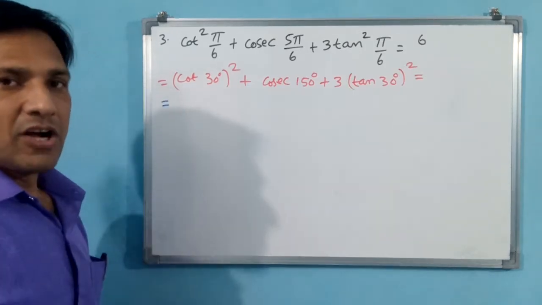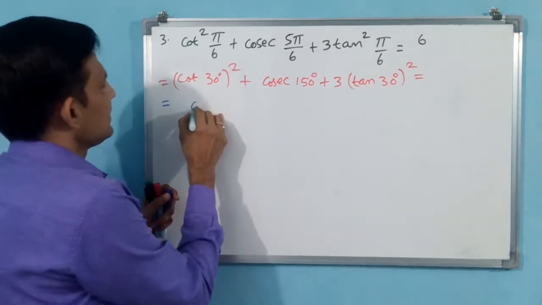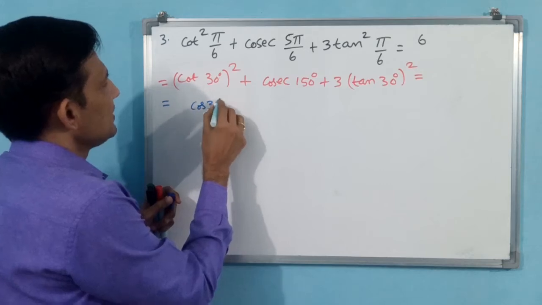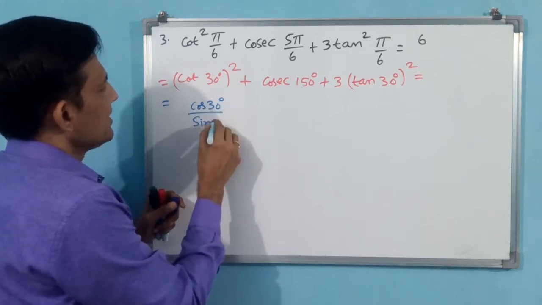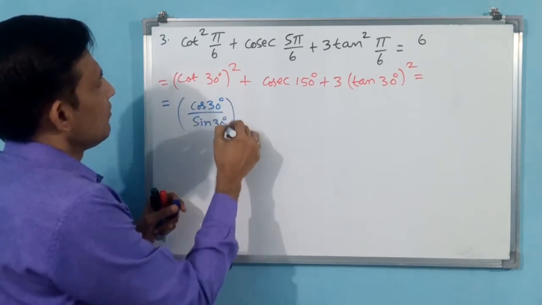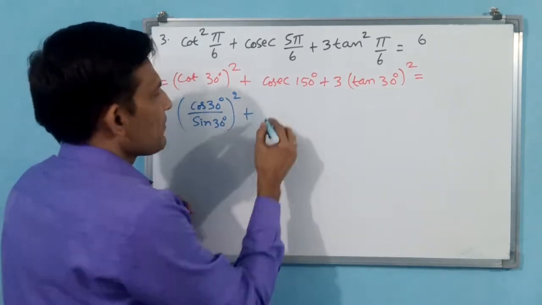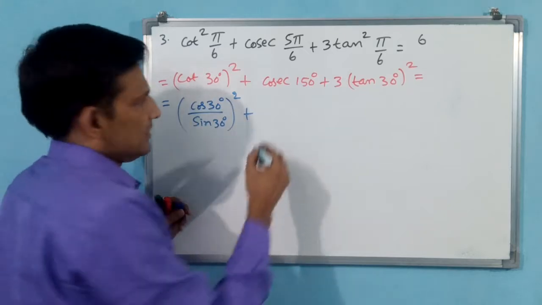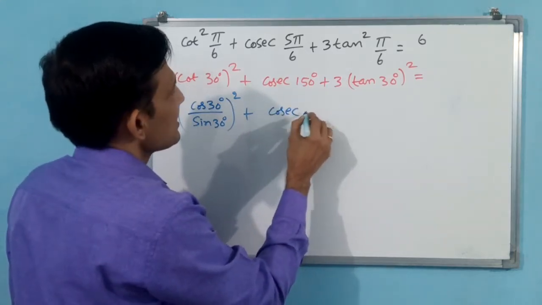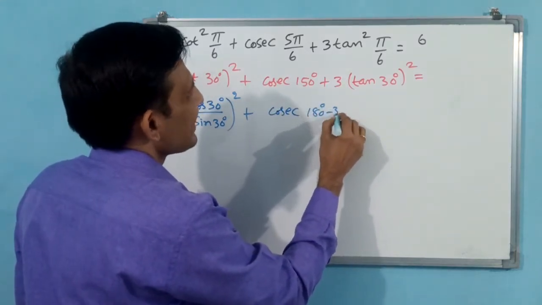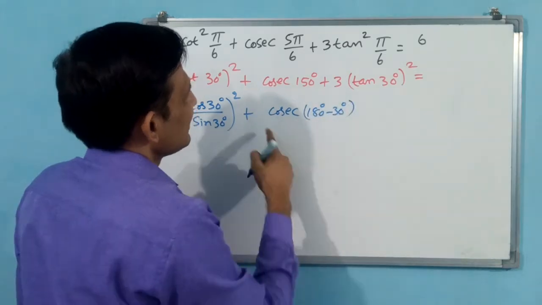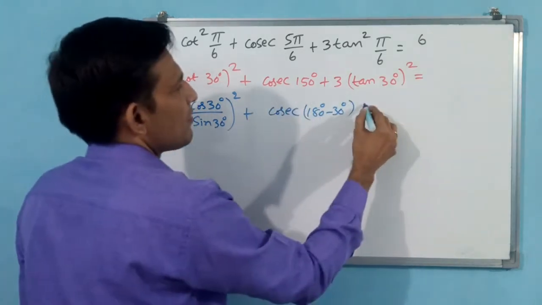Cot 30 means cos 30 by sin 30, right? Cos 30 degree by sin 30 degree whole square plus cosecant 150. How can you write it? 180 minus 30, right? Cosecant 180 degree minus 30 degree, no square.